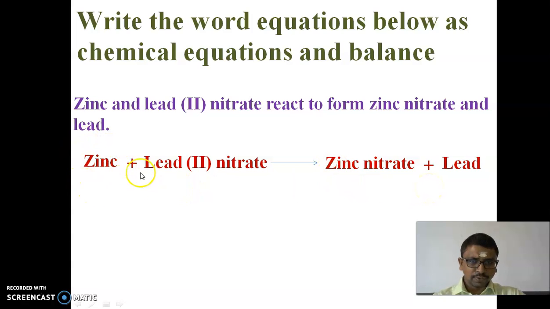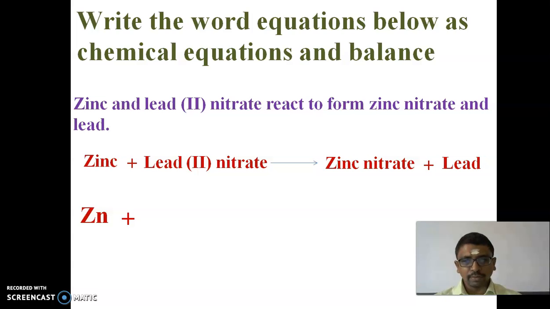So what is the symbol for zinc? The symbol for zinc is what, children? Yes, it's Zn. Zn plus lead 2 nitrate. Actually, lead has two valencies, that is Pb2+ or Pb3+.